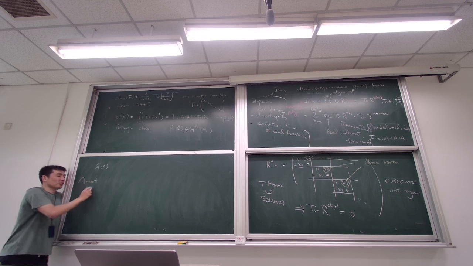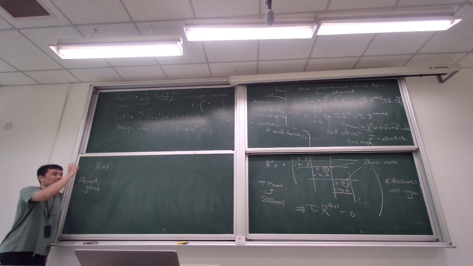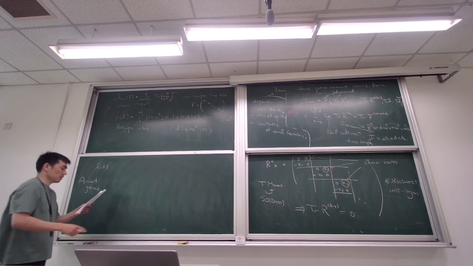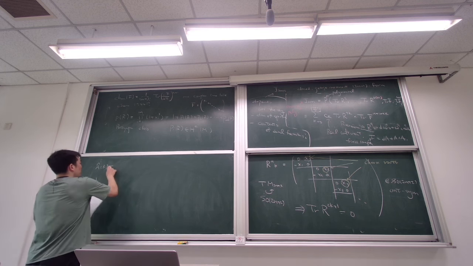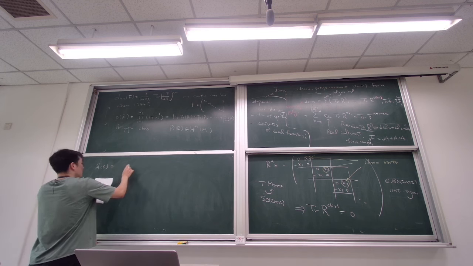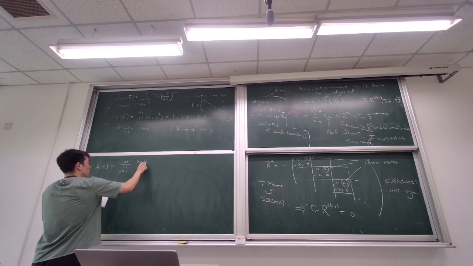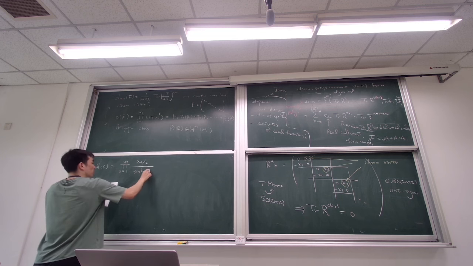The A-roof genus appears in the index theorem of the Dirac operator, the Atiyah-Singer index theorem. This can be written as the product over a of xa over 2 sinh of xa over 2.